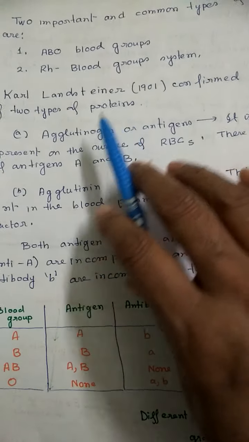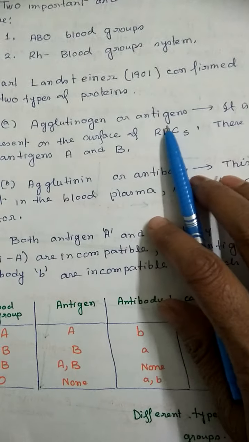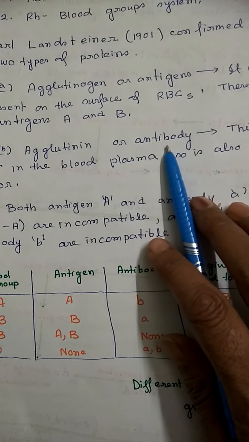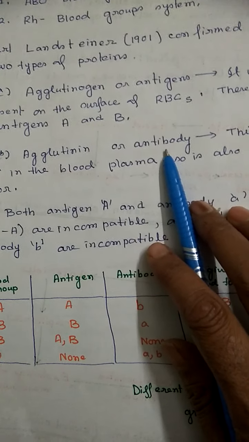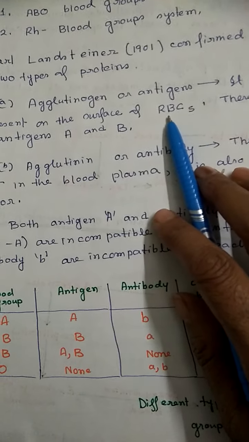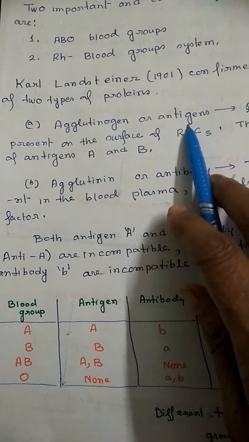So two types of protein. One is agglutinogen, which is known as antigen, and another is known as antibody. The protein is different, and it is present on the surface of the RBC, and they are two types, A and B antigen.